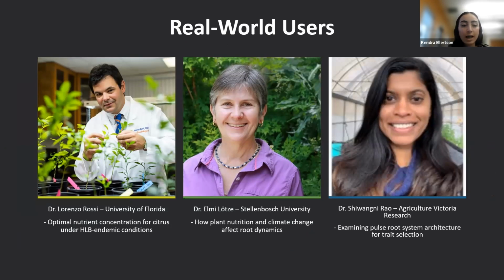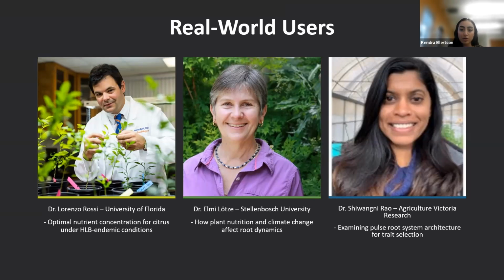We also have Dr. Elmi Lotza, who's at Stellenbosch University, and she was looking at how plant nutrition and climate change affect root dynamics across many species. We also have Dr. Rao, who is at Agricultural Victoria Research, and she's examining differences in pulse root system architecture for trait selection specifically.